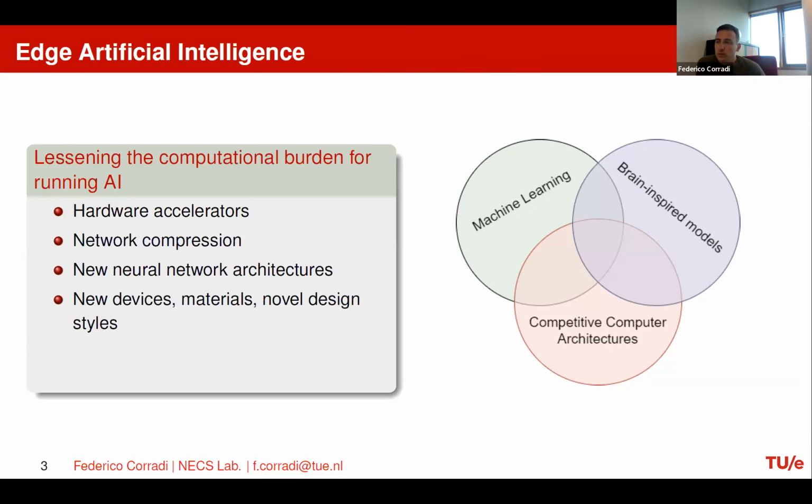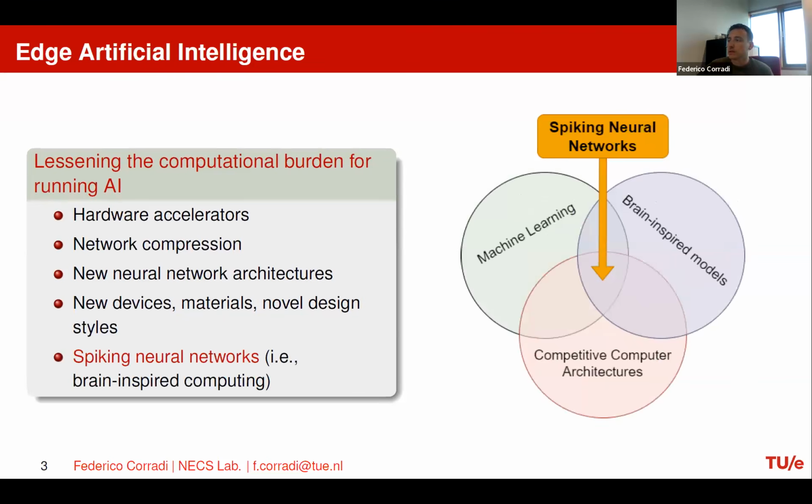Of course, there are also new types of design styles that we are seeing today, like analog in-memory computing in order to increase the computational power of AI accelerators, for example, for doing matrix multiplications or operations that are required in many DNN accelerators. But myself, I'm interested at the intersection of these three fields. And in particular, I focus on brain-inspired computing models that are spike-based.